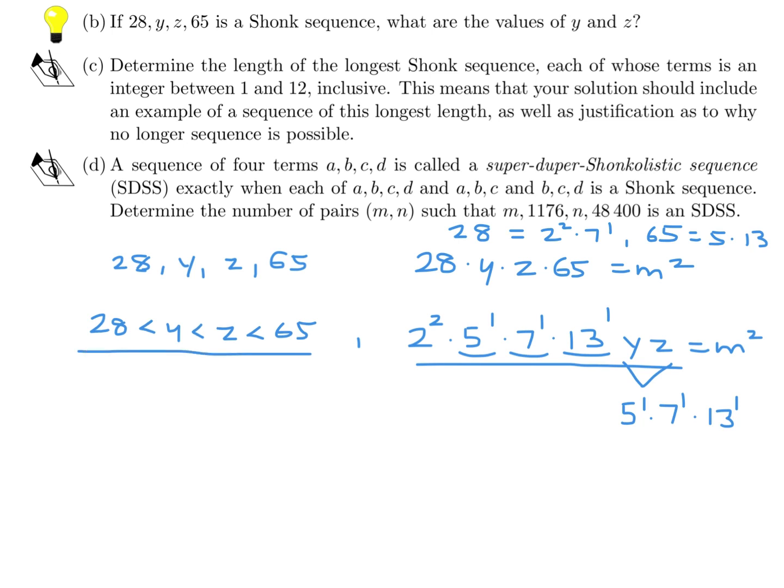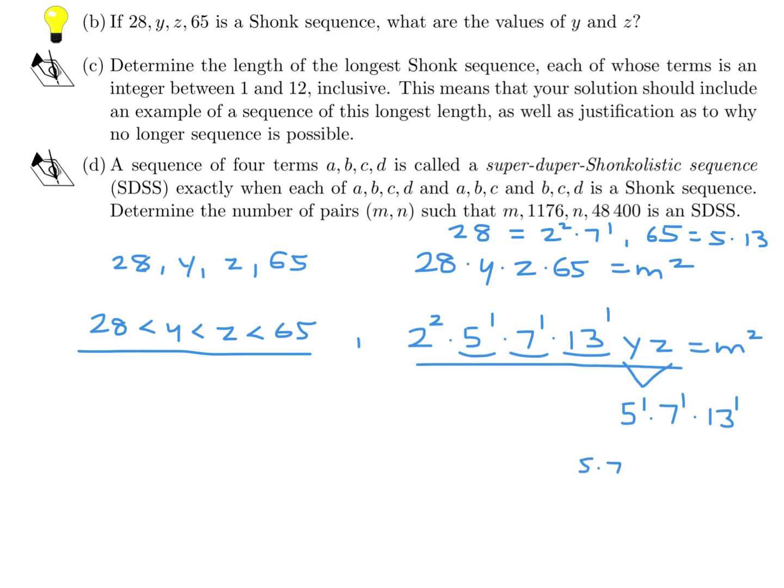Okay, so that's great, but then I have to figure out individually what is y and z, keeping in mind this criteria. Okay, so if I made y 5 times 7, that'd be 35, but then z would be 13. Okay, that's no good. If I made y 5 times 13, that's no good. Let me write these options out here.